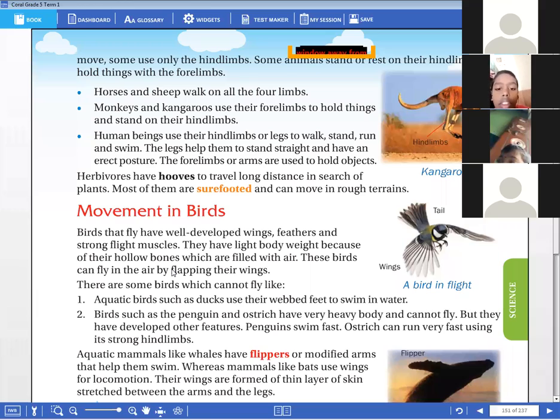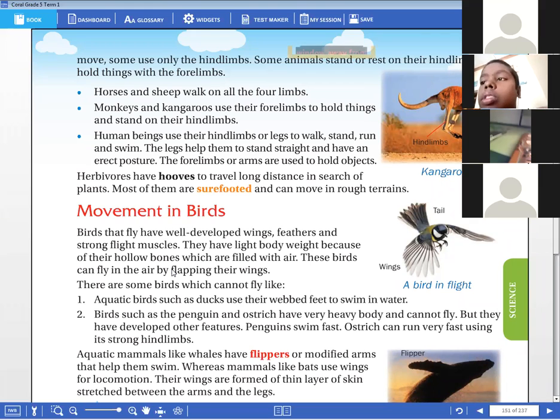Webbed feet is nothing but, children, the skin you can see between two fingers. If you observe a duck's foot, children, there will be 4 or 5 toes. The skin will be attached between the toes. See, if you open your palm and see your fingers, no skin is attached. But for the duck, the skin is present between each and every toe if you observe it.